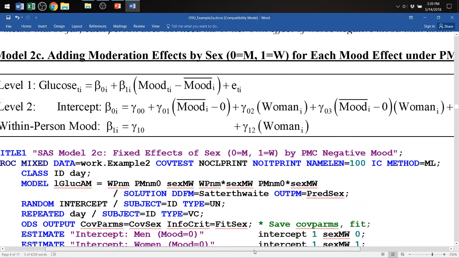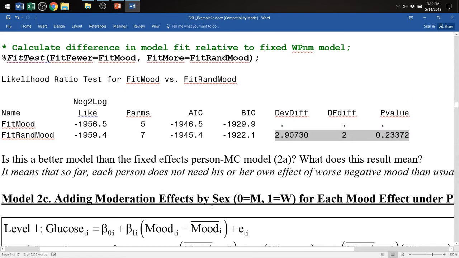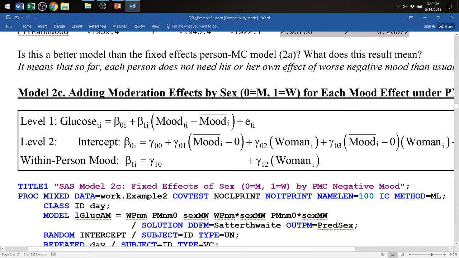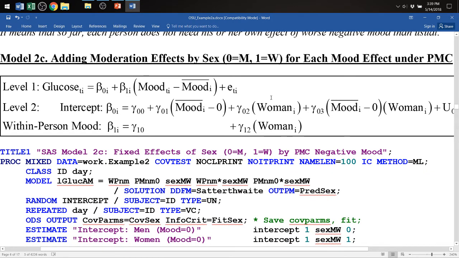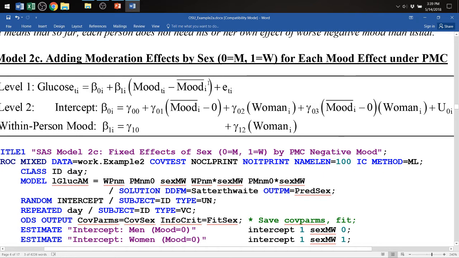So here's my new equation. Before I jump into this, any questions so far? So gender is coded so that 0 is men and 1 is women. This is a classic binary example. In this case, gender is time invariant, so it goes into my level 2 model. So the level 1 model is the same.